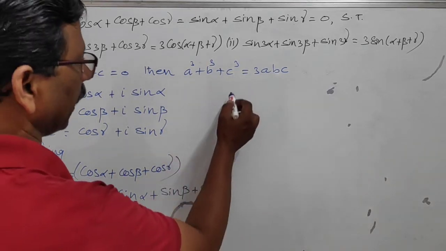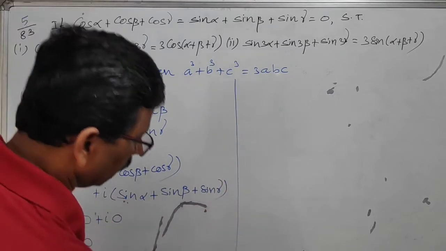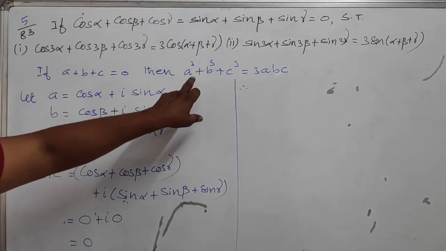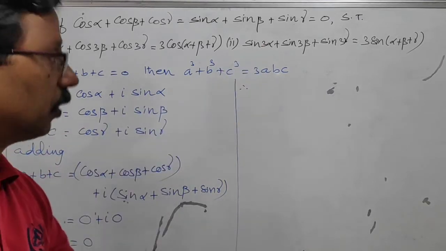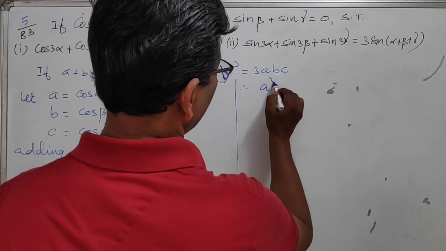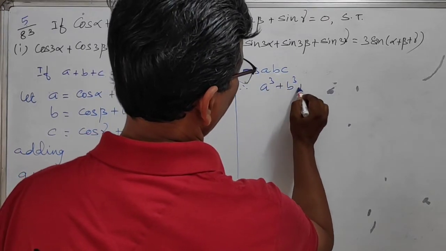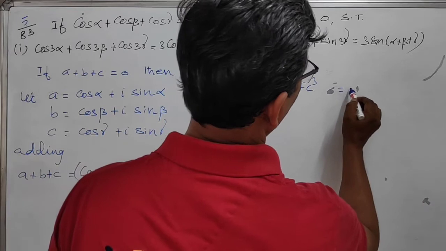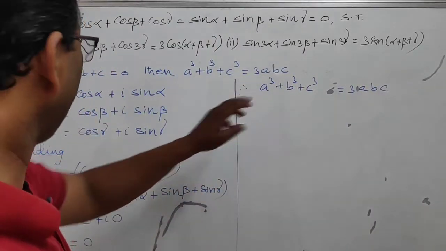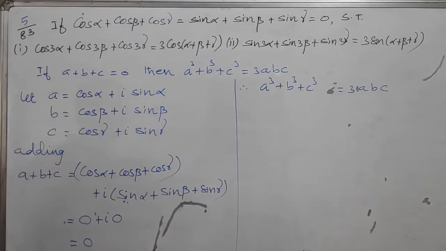Therefore, we can use this identity. We can say a cube plus b cube plus c cube is equal to 3abc. Now here, a means what? cos alpha plus i sin alpha.